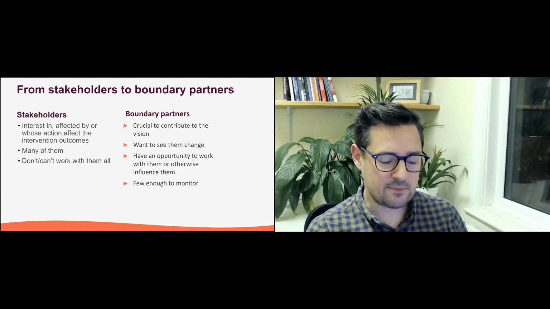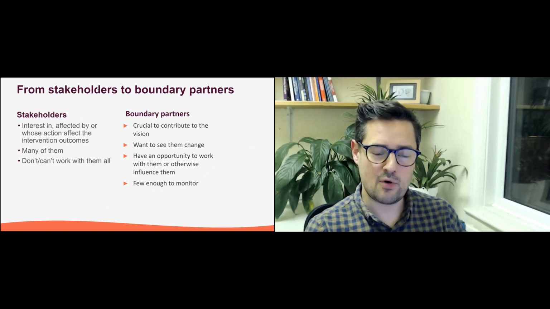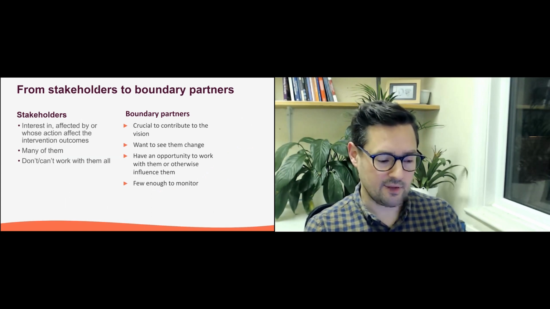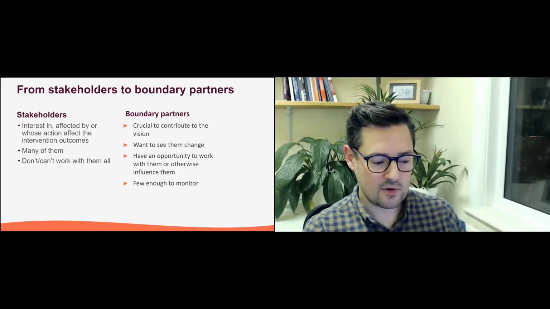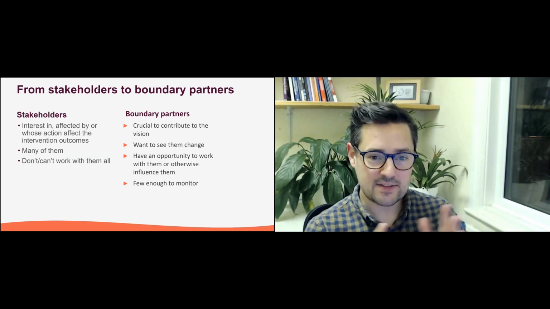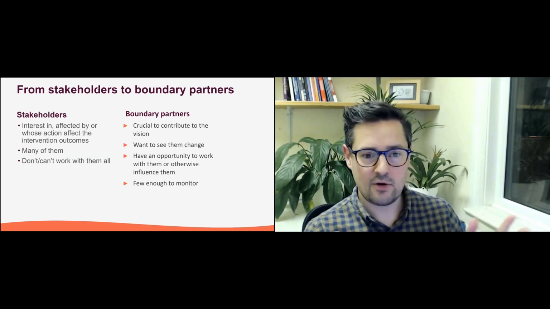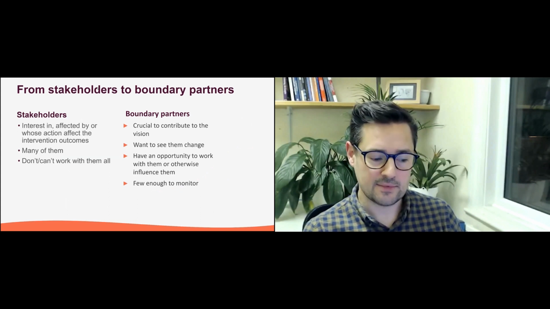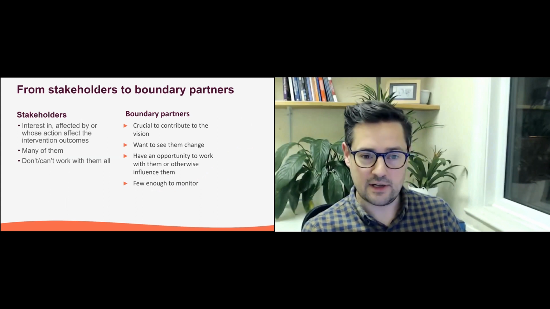We distinguish boundary partners from the more generic term stakeholder in this way. We understand stakeholders being a very broad group of anyone who's interested in, affected by, or whose action will affect the intervention's outcomes. There's usually a lot of them.